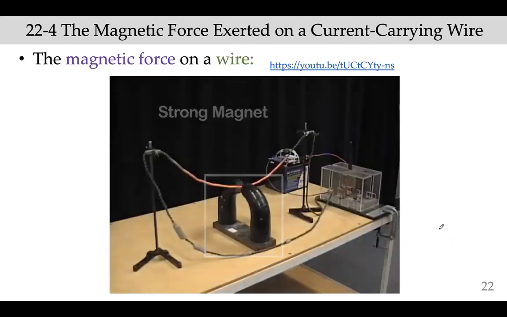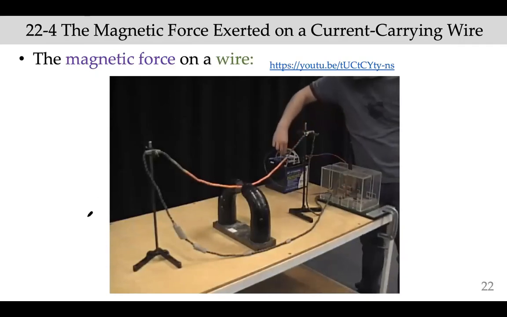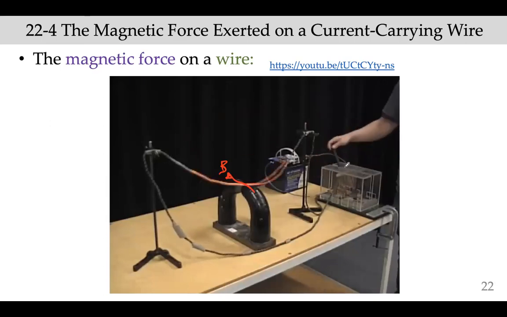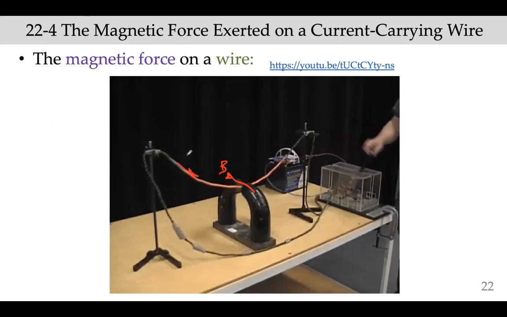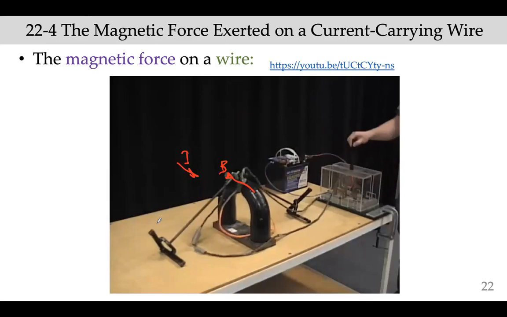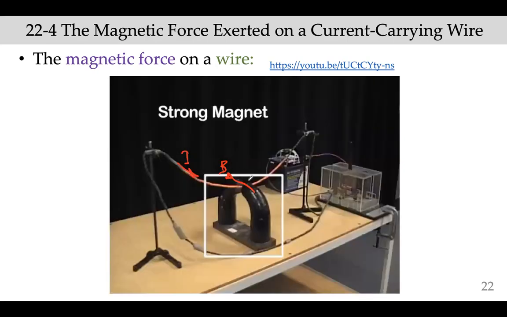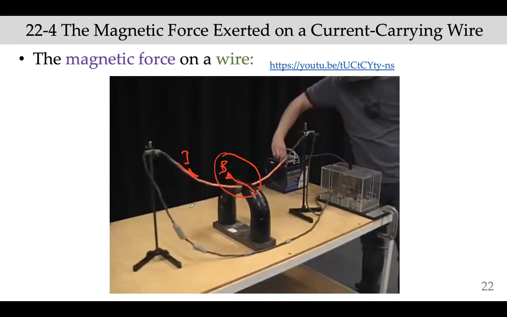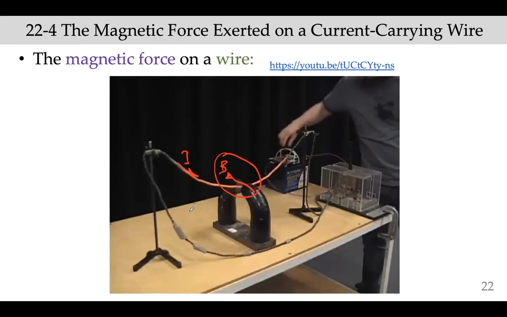Okay, now let's go to wires. You have a wire and there's a strong magnet here, and let's say the magnetic field is in this direction. When you turn on the switch, current goes through the wire, and when current goes through a region where there's magnetic field, it feels force.